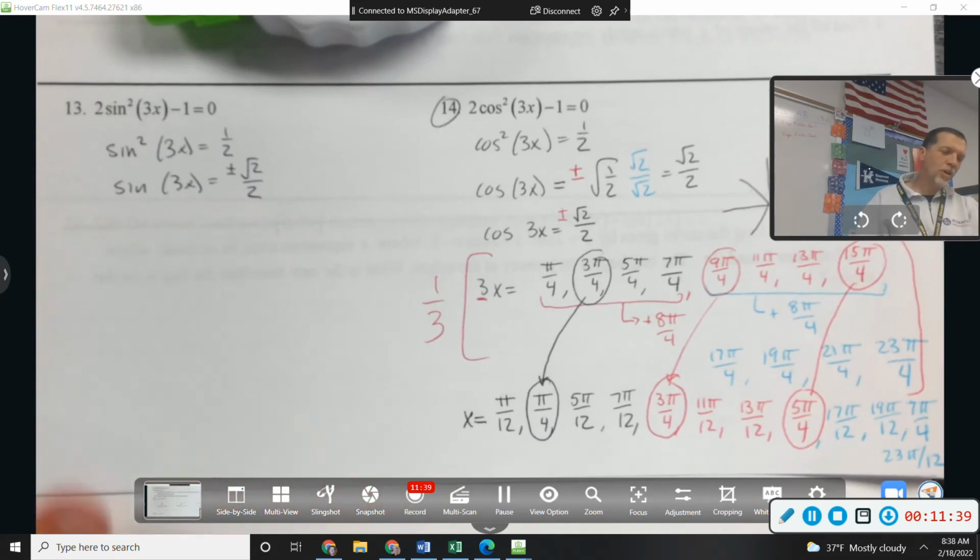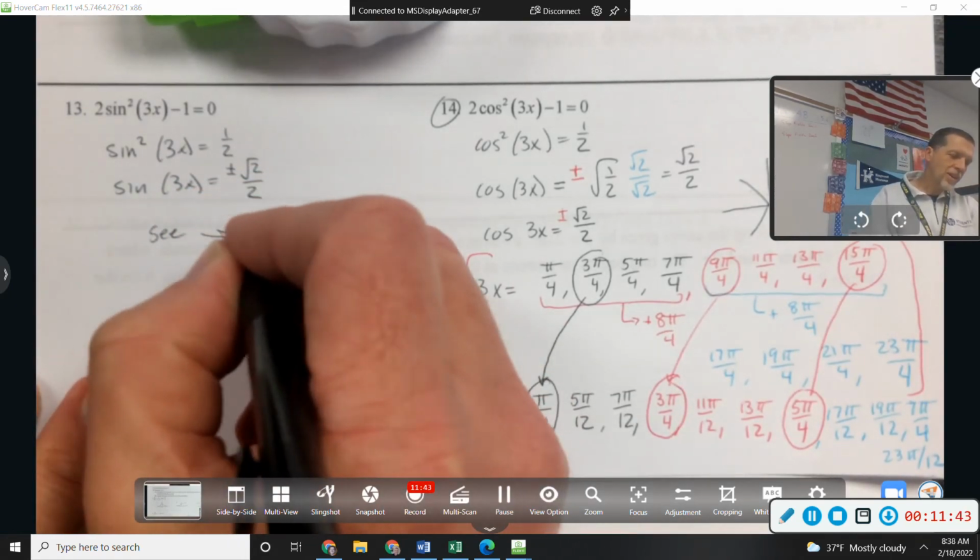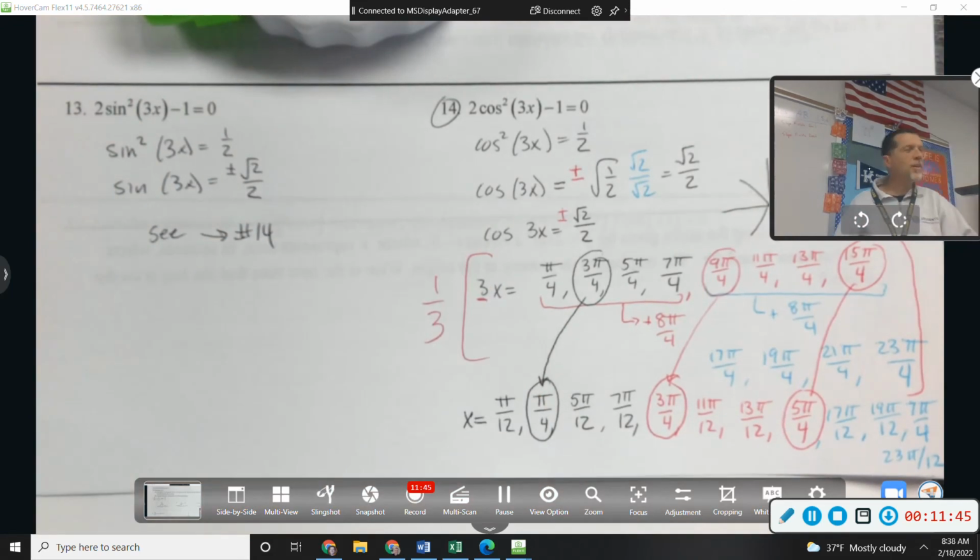So you could go through all the process, or you could say, hey, wait a minute. See number 14, it's the same from there on out. Because that plus or minus, you don't have to worry about quadrants. Don't have them do number 3. Got it. Scratch number 3. Omit number 3. Nope, on the quiz that we'll do in a minute.